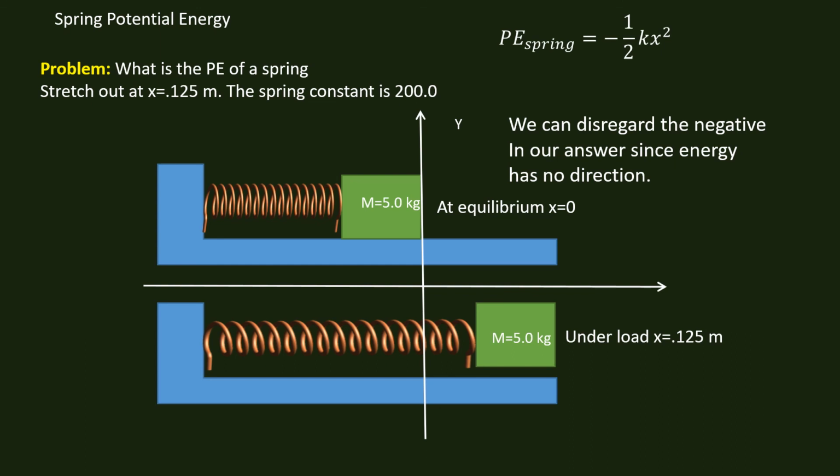And when I talk about this negative, I'm talking about this right here. We can disregard that for now. And we can plug in the numbers and we get a potential energy of the spring when it's pulled out 0.125 meters of 1.56 joules.